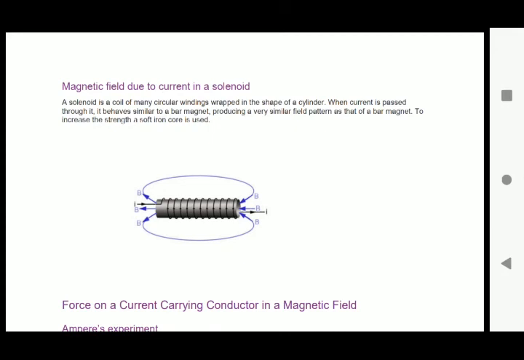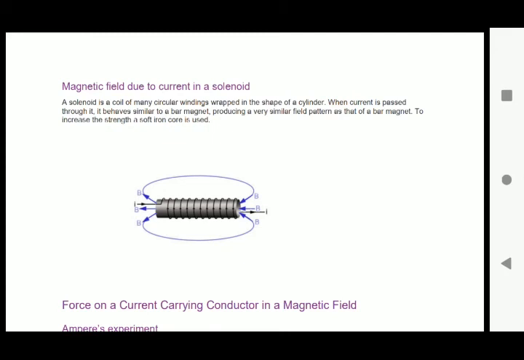Here also the same. That is, the field line starts from the north pole and ends at the south pole. Here, one end of the solenoid acts like a north pole and the other end a south pole.